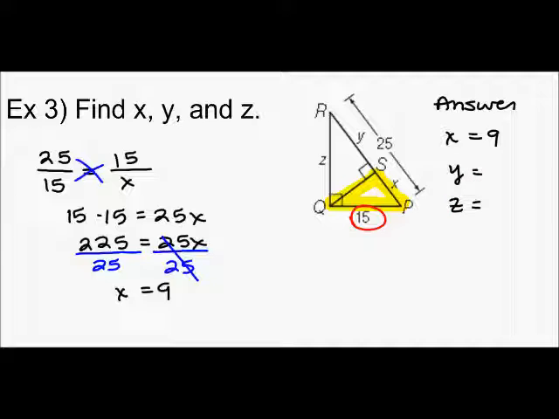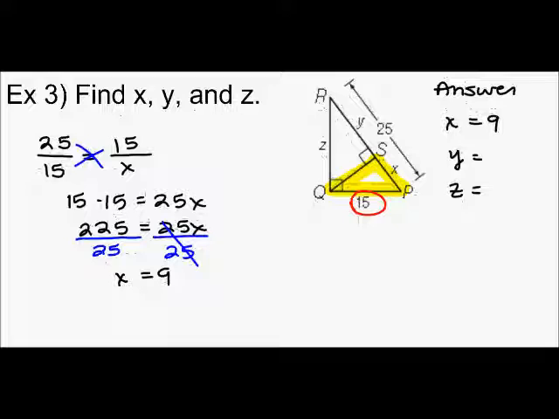Okay, so y is next. I'm going to erase this yellow and I'm going to highlight the next triangle, and I can see that y is on that triangle, on that portion of the hypotenuse. So this was a 9.